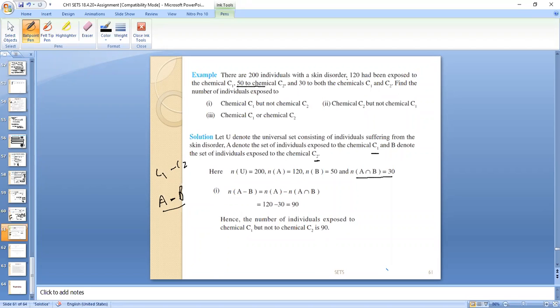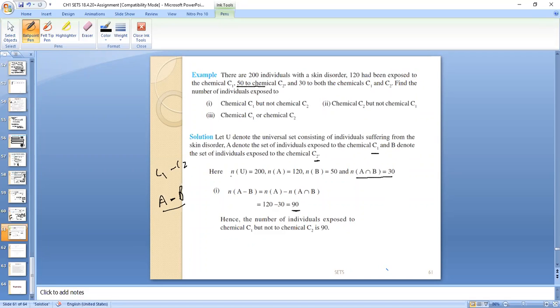So from 120, if I am subtracting 30, I will get 90 as my answer, because 120 have been exposed to C1 and 30 to both C1 and C2. If I subtract 30 from this 120, I will have only persons exposed to C1.